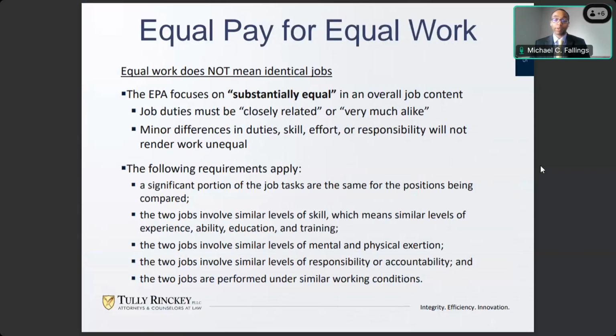In my field, I perform legal work and labor and employment work. If I'm trying to compare myself to another attorney that performs tax law, is that equal enough? Obviously that's a different area of law, but then there are other factors that a court may consider, such as the environment, the conditions, the mental or physical exertion, and the skill levels.